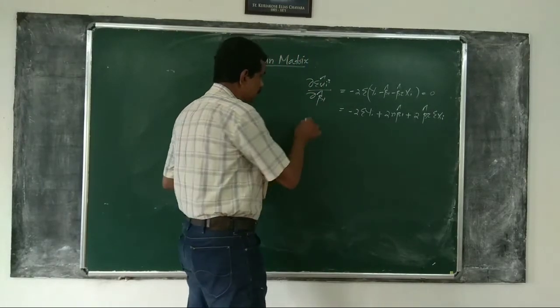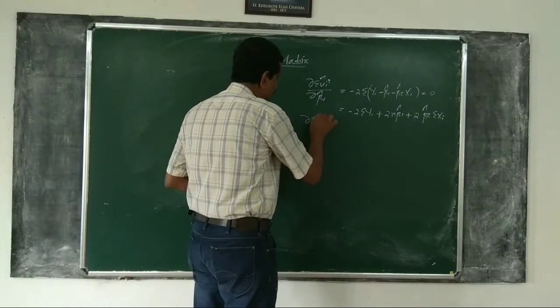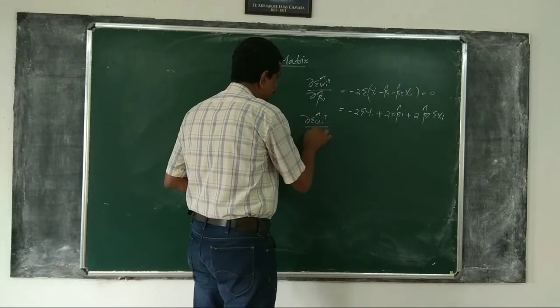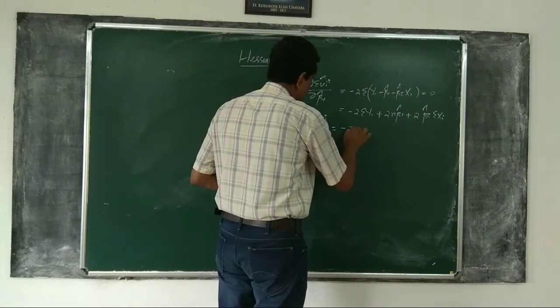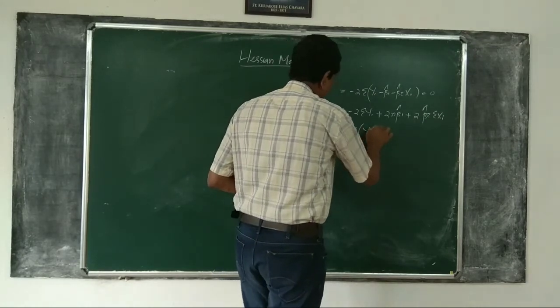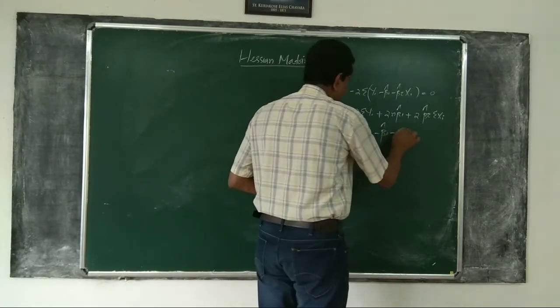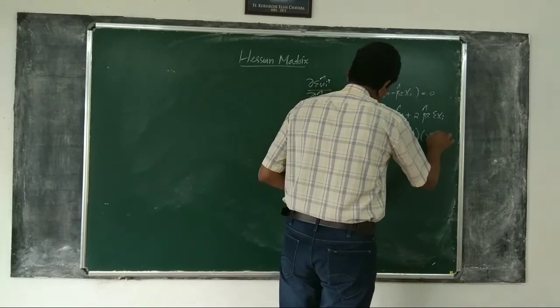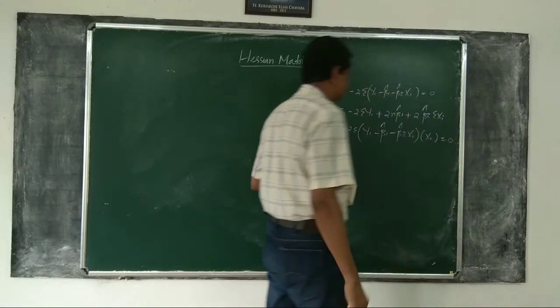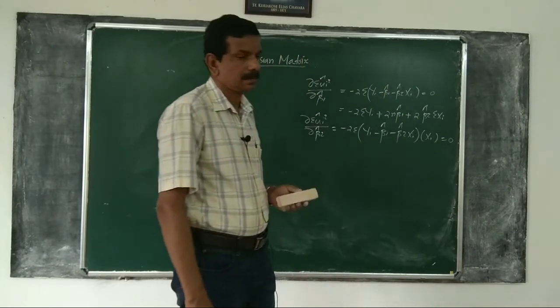And dou sigma u hat i square with respect to dou beta 2 hat is equal to minus 2 into sigma of (yi minus beta 1 hat minus beta 2 hat xi) into xi equal to 0, as we have derived earlier.